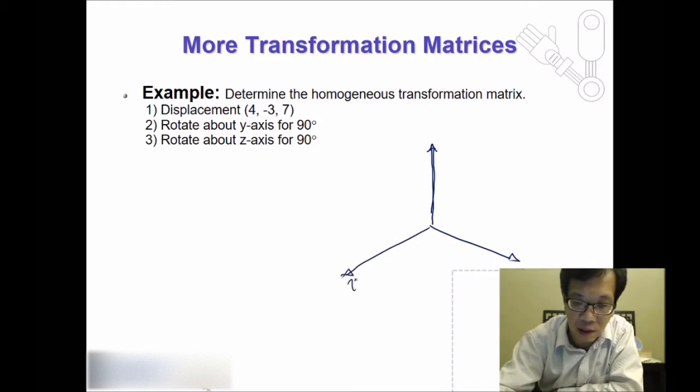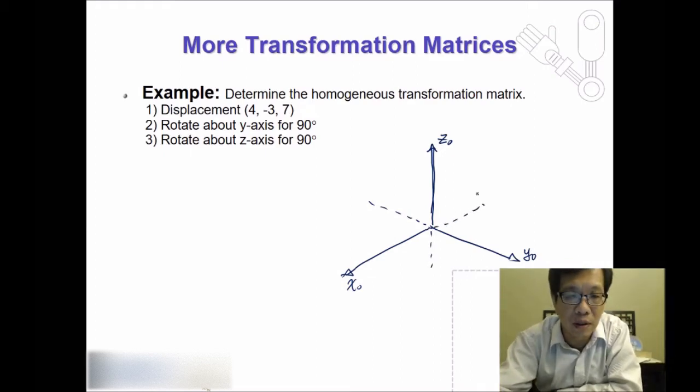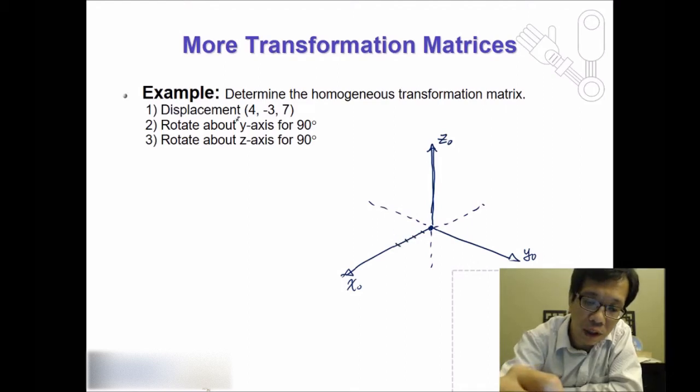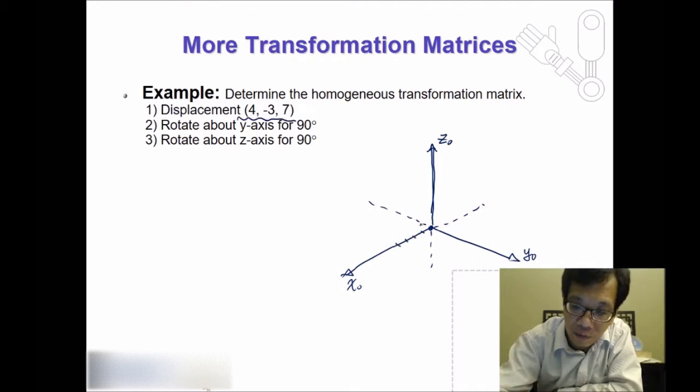So I got x naught, y naught, and z naught over here. The first step is displacement or pure translation, and it's moving from original coordinate to 4, -3, and 7. So it's going to be moved to this location.